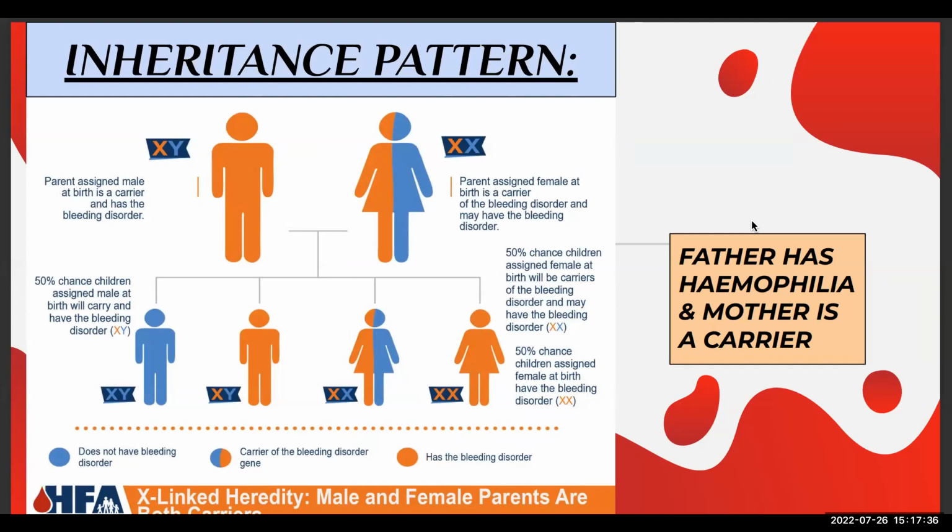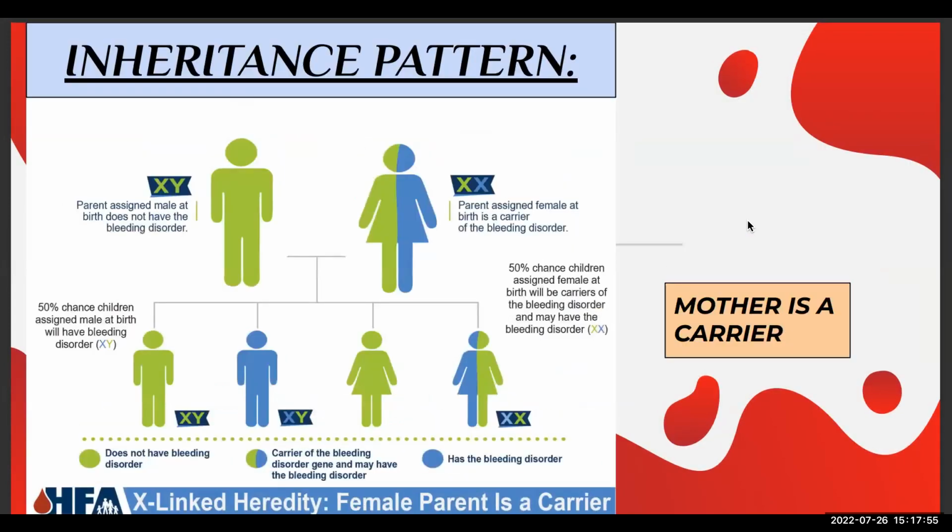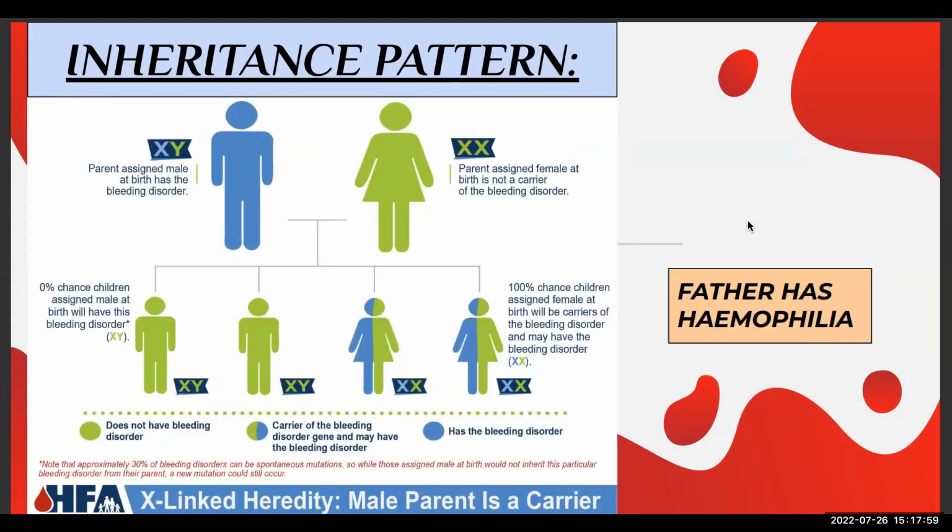Sorry. I feel that for the previous one, the second one, we can say 50% chance of carrier and 50% chance of normal. Because if we open back the previous slide, where the father has hemophilia, this one is not assuming there will be 4 children.